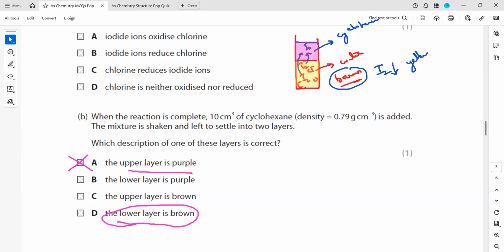Even though iodine is brown, because the concentration of the iodine in water decreases, this layer will turn yellow instead of brown. Is it clear? That is the reason for the change in color of the two layers. You have to learn the color of iodine in aqueous as well as in organic solvent.